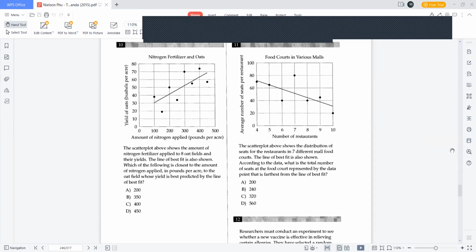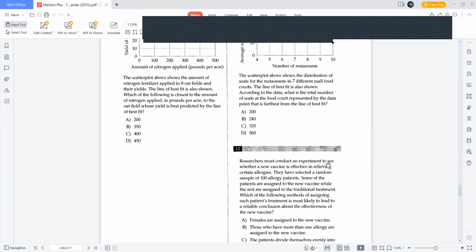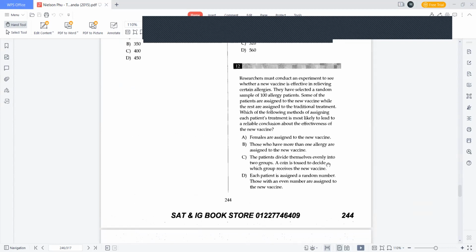Choice B. How did you get that? I multiplied the 7 by the 80, and 540 is close to 560, choice B. You guys see that? Yes, sir, I did the same. Great. Good try. You got it.